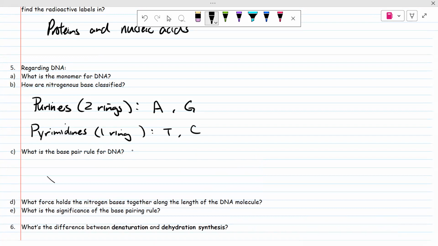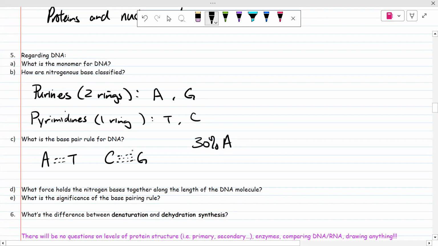Base pairing rule. What does A pair with? A pairs with T, with 2 bonds. C pairs with G with 3 bonds. I will ask you to calculate again. So something like this, 30% A, and you have to figure out the rest. So 30% A, how many percent T? Same.